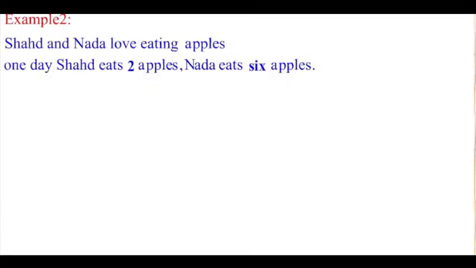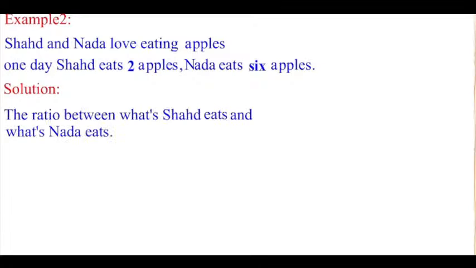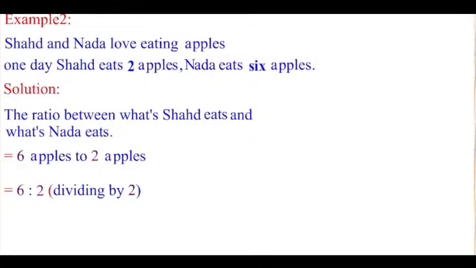Example 2: Shahd and Nada love eating apples. One day, Shahd eats 2 apples and Nada eats 6 apples. Solution: the ratio between what Nada eats and what Shahd eats equals 6 apples to 2 apples, equals 6 to 2.